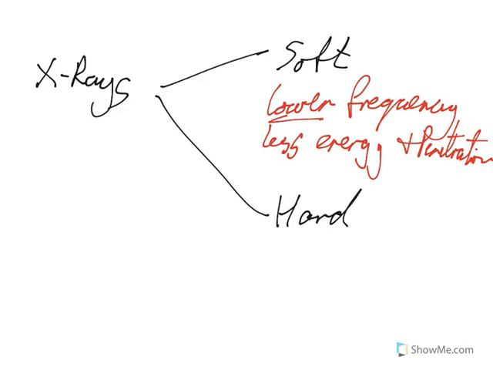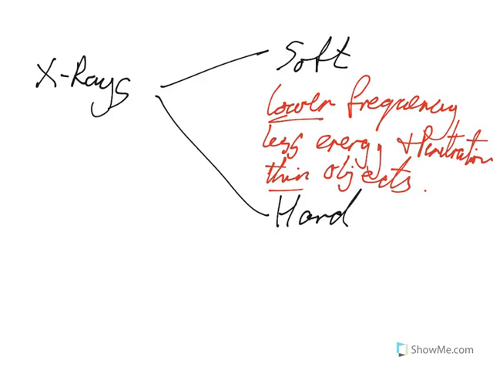And our hard X-rays have, so if soft ones have lower penetration, I should say, then the object needs to be thin, so we use them for thin objects. All right, so thin is the other word that's missing.